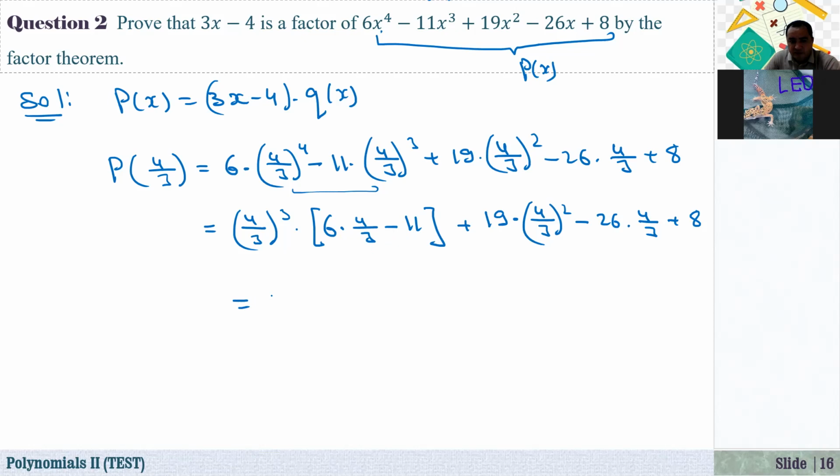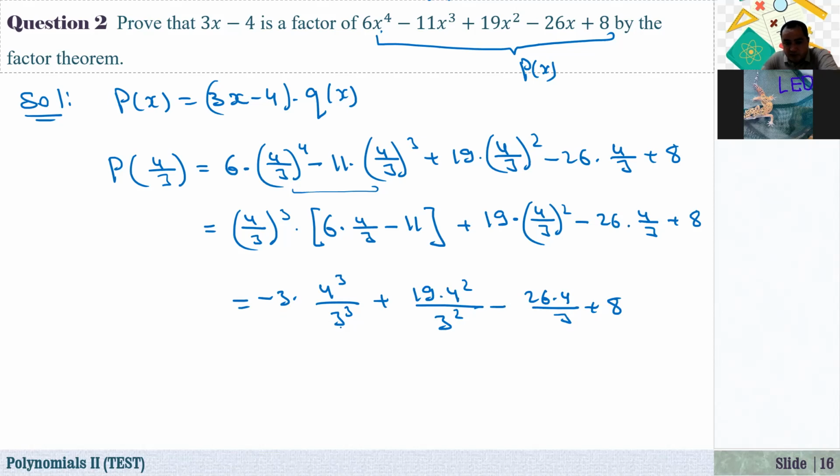So here we have minus 3 times 4 cubed over 3 cubed. Plus, next one is 19 times 4 squared over 3 squared. Minus, this one is 26 times 4 over 3 and plus 8.